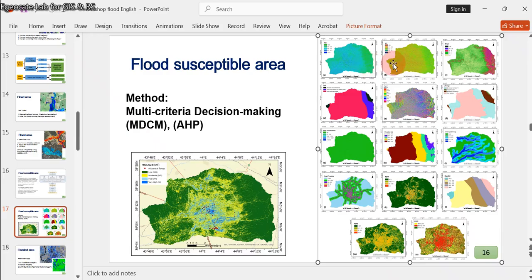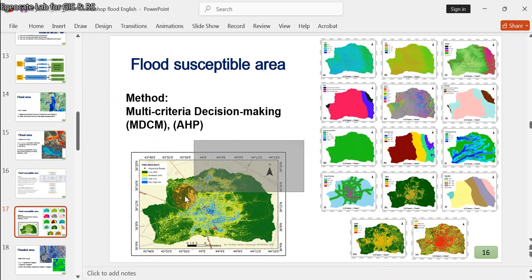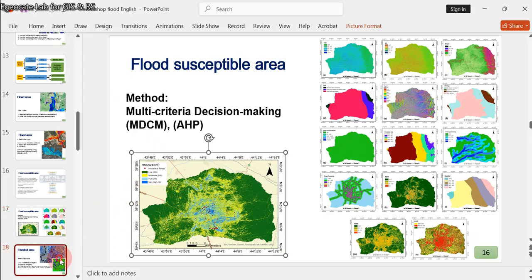For example, this has a weight, and which one has more contribution to the flood. So you do overlay analysis, or weighted overlay, for all of these, and then you create this map. This is the result. The blue areas are flood susceptible areas, very high flood susceptible areas, and you get results like this.